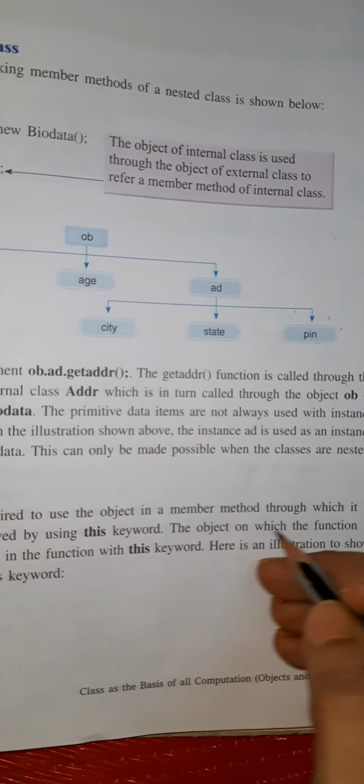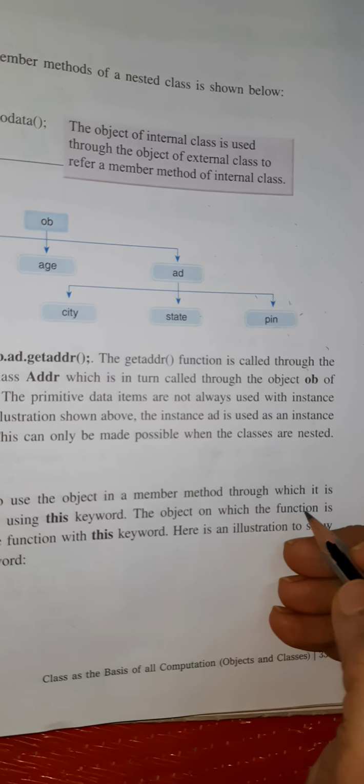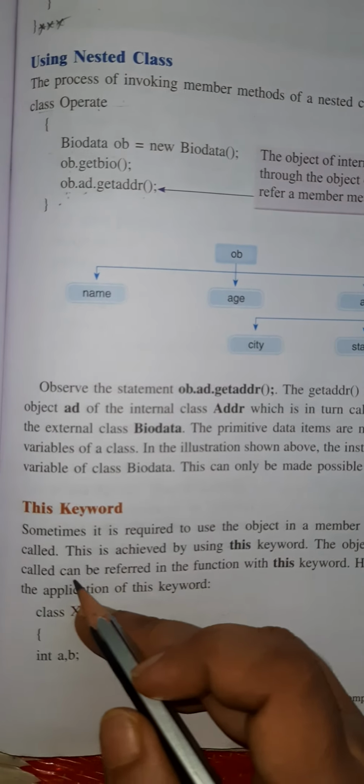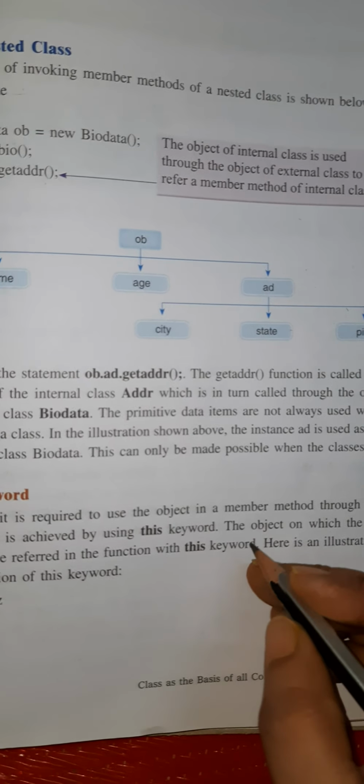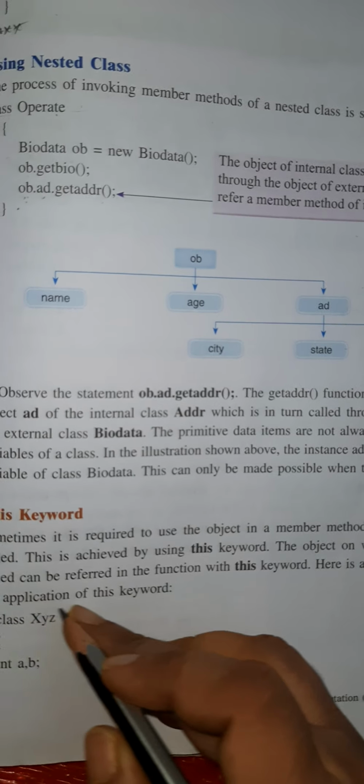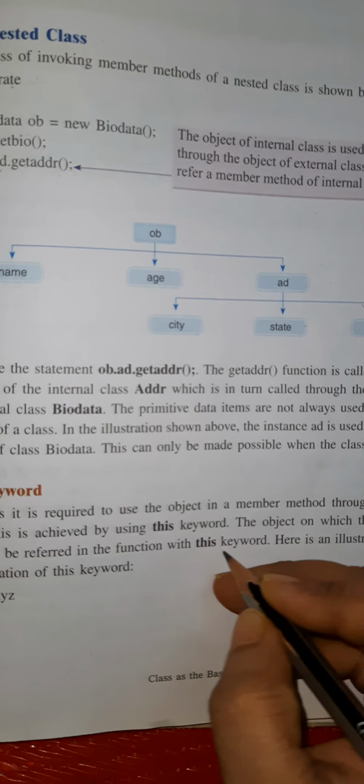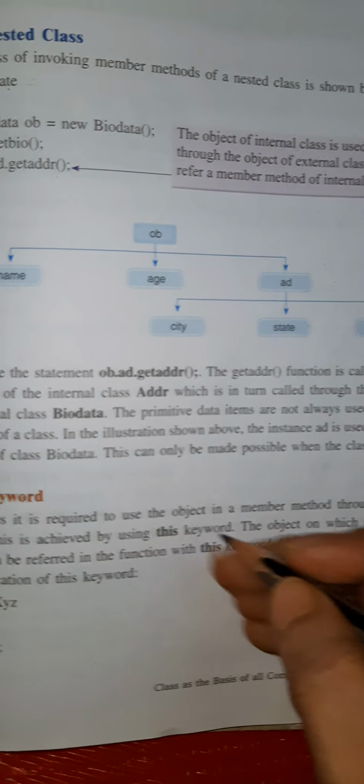The object on which the function is called can be referred to within the function with the this keyword. So the object on which it is called will be referred to by the this keyword, and it will get executed.